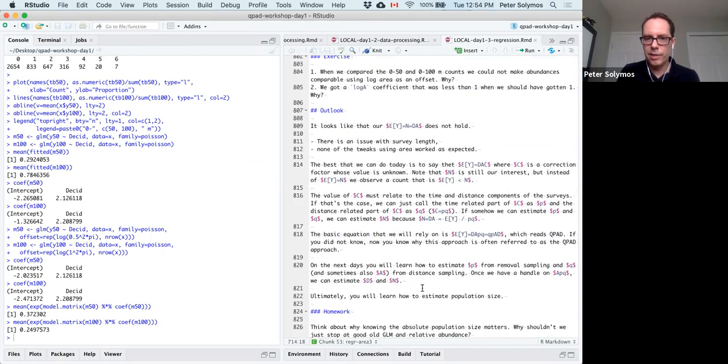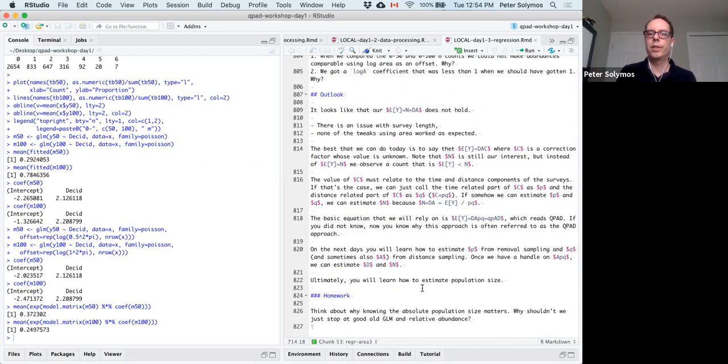So that brings us to this outlook for QPAD and what QPAD really means. If we are trying to estimate N, and there is no detection error involved, then we can say abundance is really just area times density. If we go out and this is exactly what we can sample, then there's nothing else left to do.